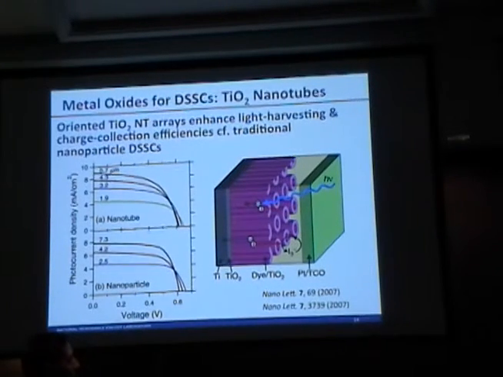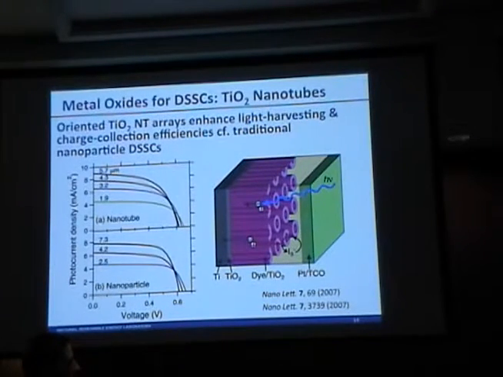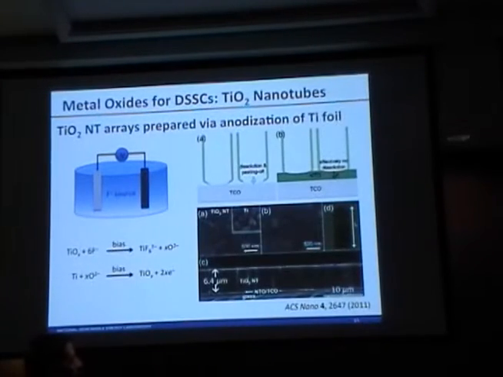And we were able to show that at the same thickness, so these are microns of thickness of your film, measured from the conducting electrode to the tip of your nanotube, the nanotubes were actually relatively superior to their nanoparticle cousins, and that had to do with the fact that these had better light harvesting and charge collection efficiencies. And so this is a synthetic talk, so I want to focus on that aspect of this work.